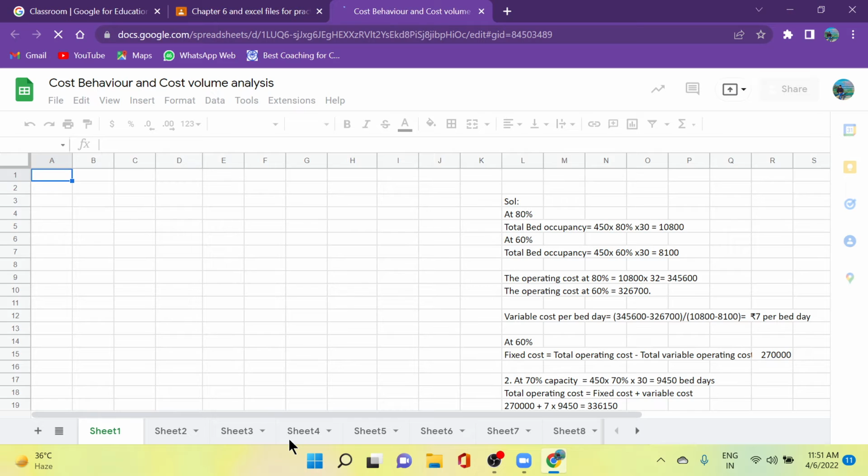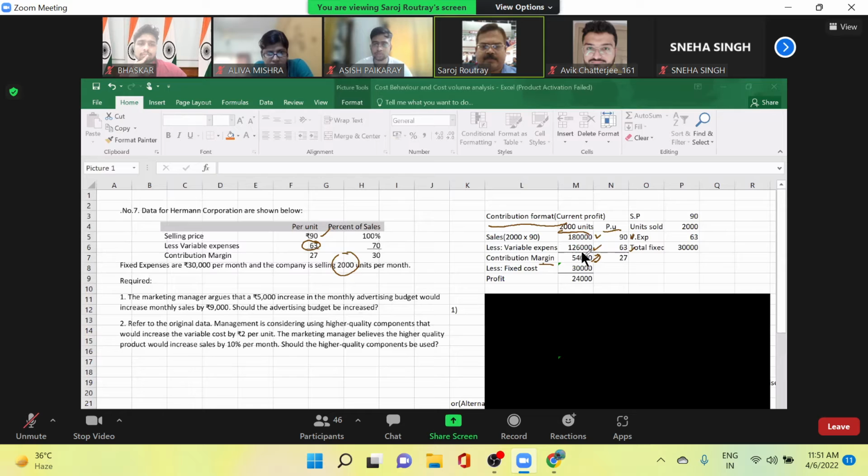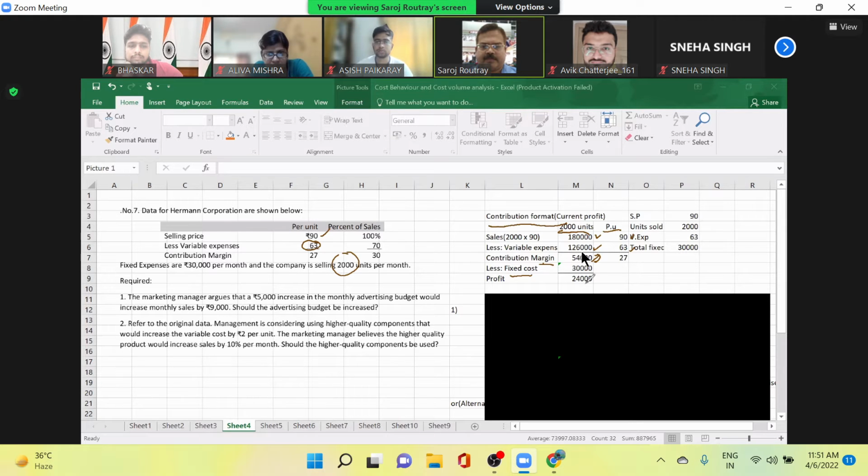Less variable expenses, 63 into 2,000. This gives the contribution margin of 54,000. From the contribution margin of 54,000, you deducted fixed cost 30,000 and you got a profit of 24,000. 54,000 minus 30,000, 24,000.